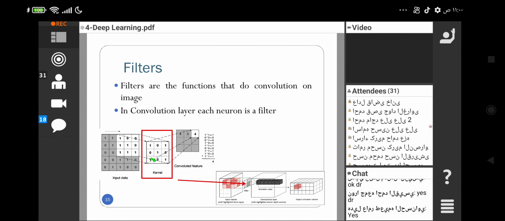Yes, the numbers inside the kernel are the weights.